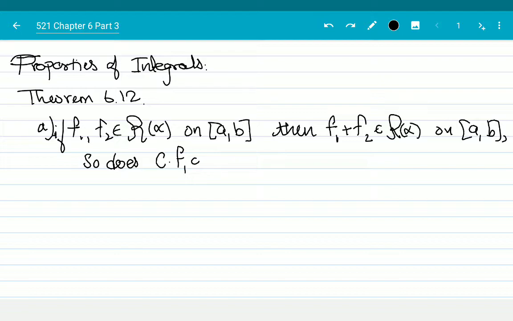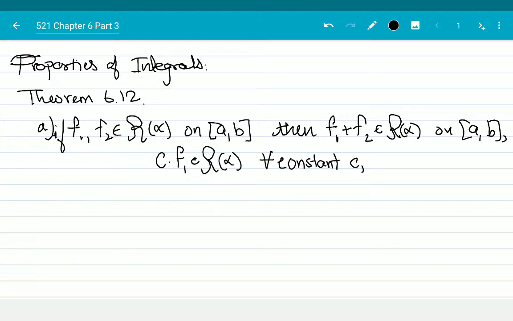Well, maybe I should remove "so does", because there are multiple things that I want to say. c times f belongs to R alpha for every constant c.